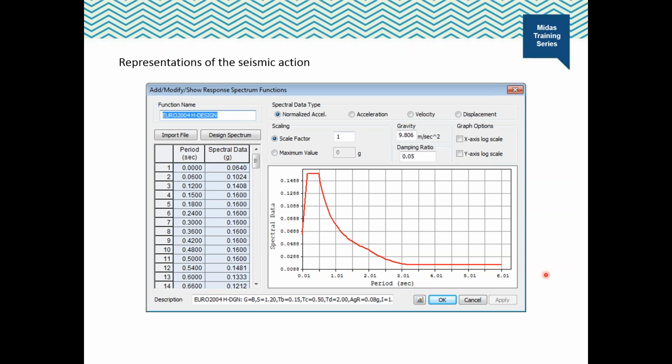You may have seen this frequently. This is another type of representation of this seismic action called response spectrum. This defines the relationship between peak acceleration and period of SDOF system.